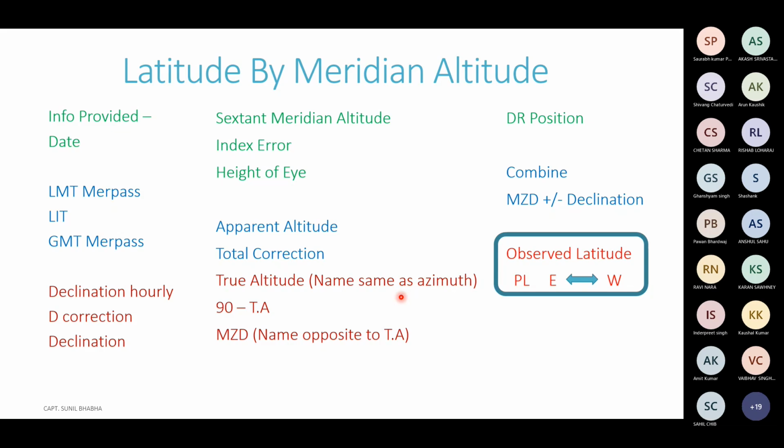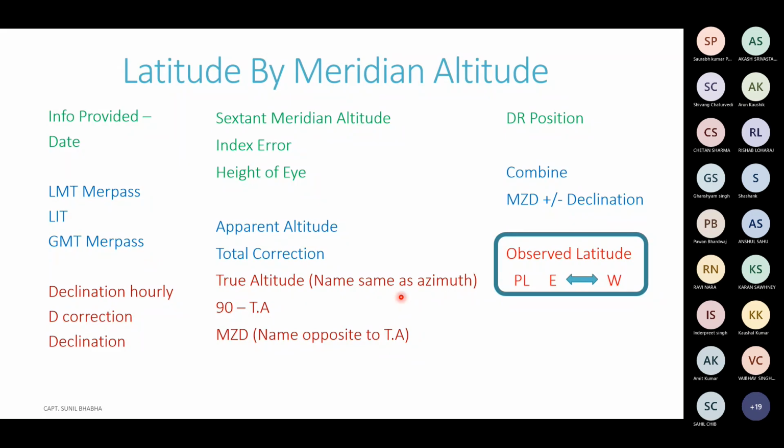Practically on board a ship, this will not be a problem at all, because when you take the sight of the sun, you take the bearing of the sun, you will be able to easily identify whether it is north of you or it is south of you. When you take the bearing of the sun at the time of MRPAS, you will be able to easily identify whether it is north of you or south of you.